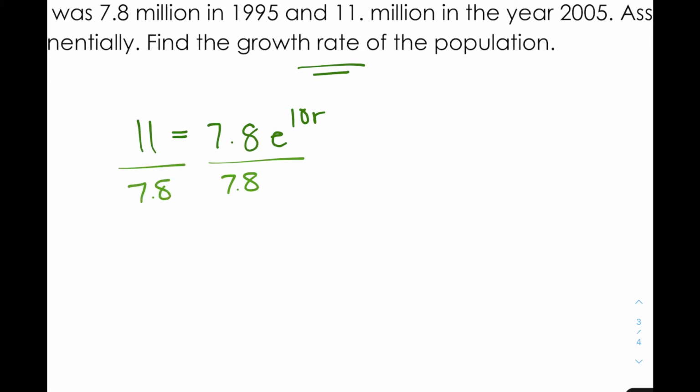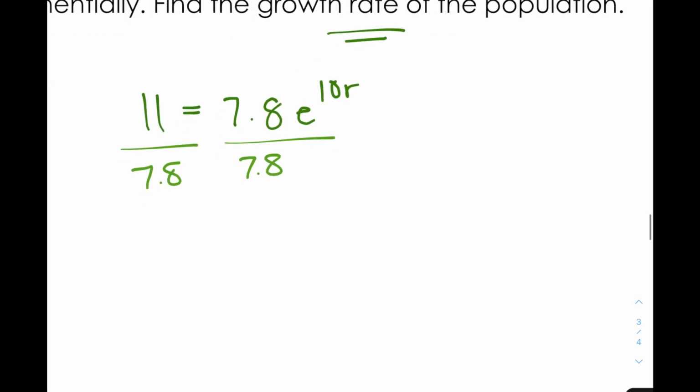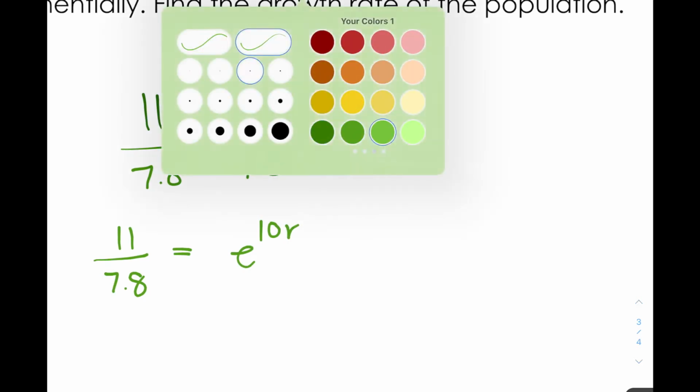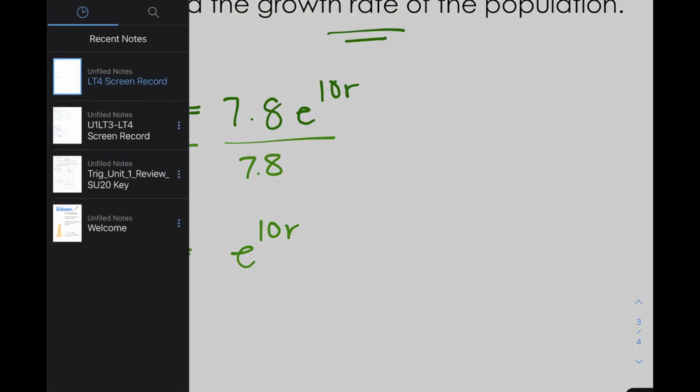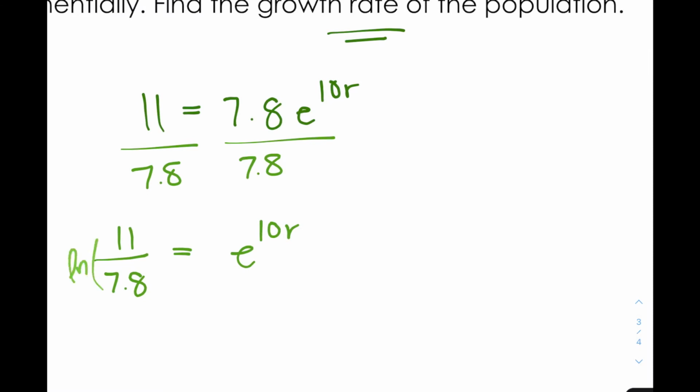So I'm going to divide both sides by 7.8 first. So we'll have 11 over 7.8 equals e to the 10r. Then what I'll do is I'll take the natural log of both sides.